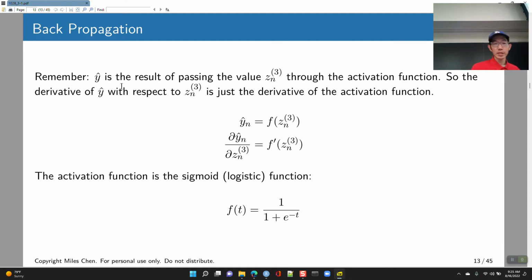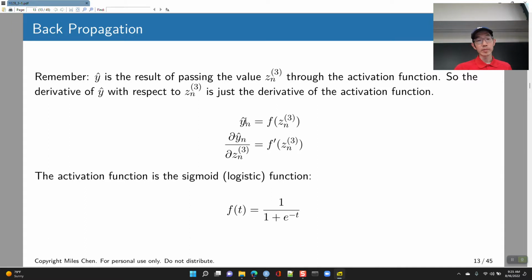Again, y hat sub n is the result of passing z3 through the activation function. So the derivative of y hat with respect to z3 is the derivative of the activation function.